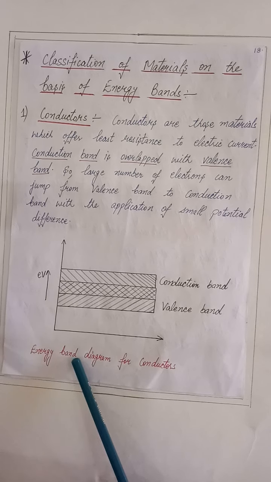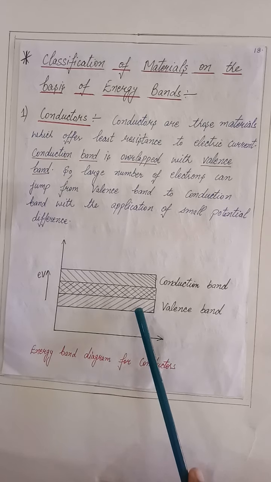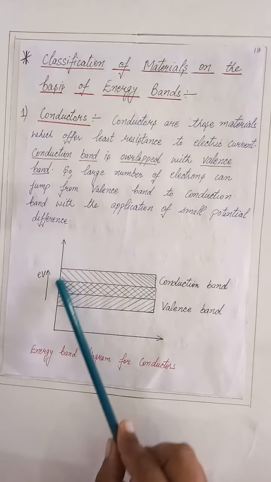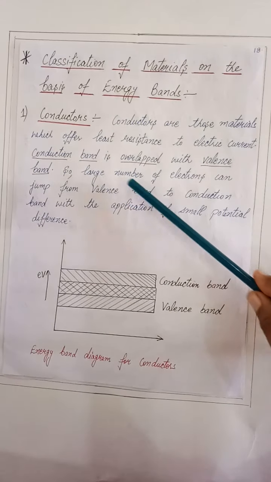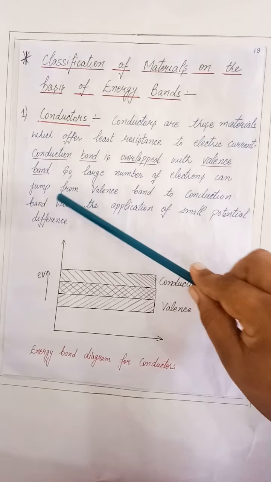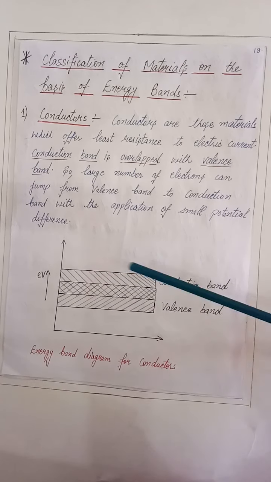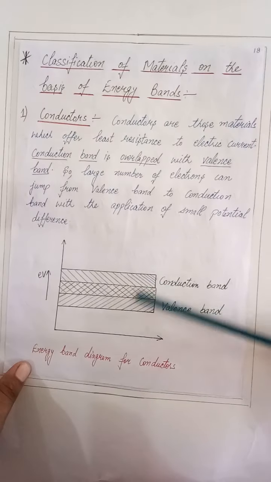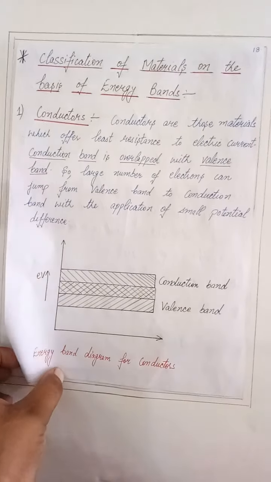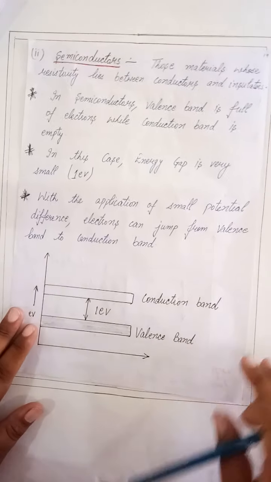This is the energy band diagram for conductor. Valence band and conduction band both are overlapped with each other. So a large number of electrons can jump from valence band to conduction band with the application of a small potential difference.